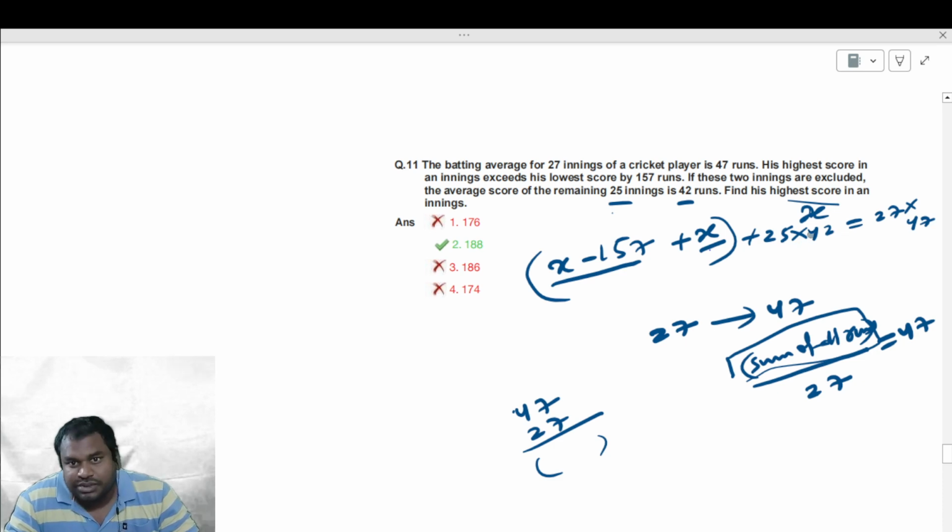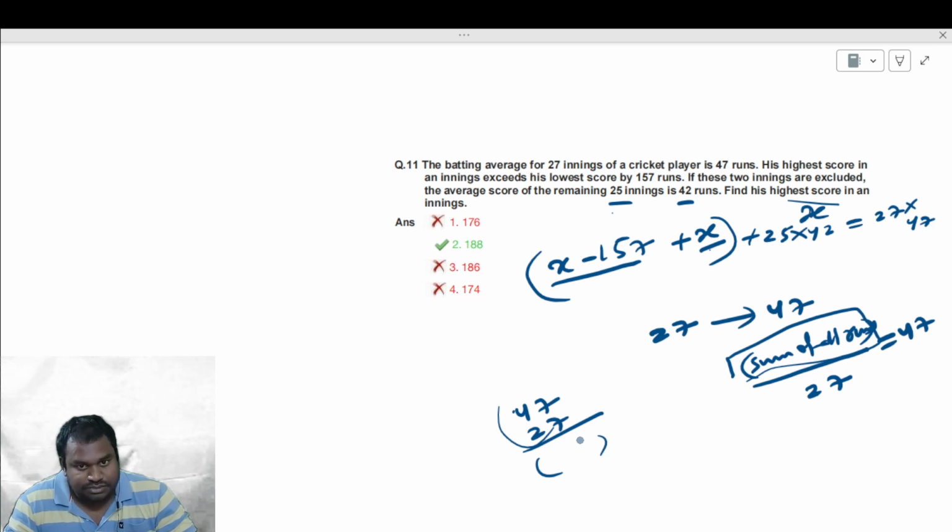Actually you don't need to do all the things. Just multiply 47 with 27 and 25 with 42, and subtract this sum from this, and you will get x minus 157 plus x. How to do that?